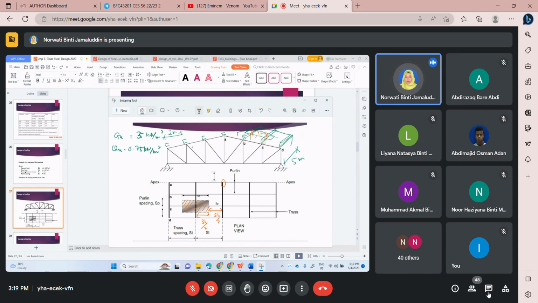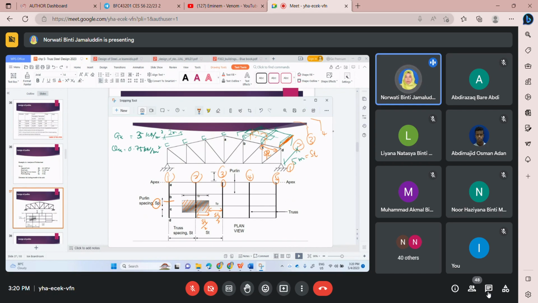This is truss, right? Truss 1, truss 2, truss 3, 4, 5. We have another truss. And then you have purlin here. This is distance of truss, ST. Sorry, this is ST for truss, this is SP, the spacing of purlin.